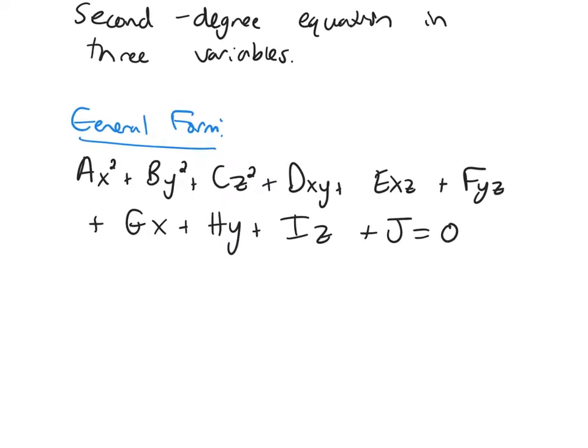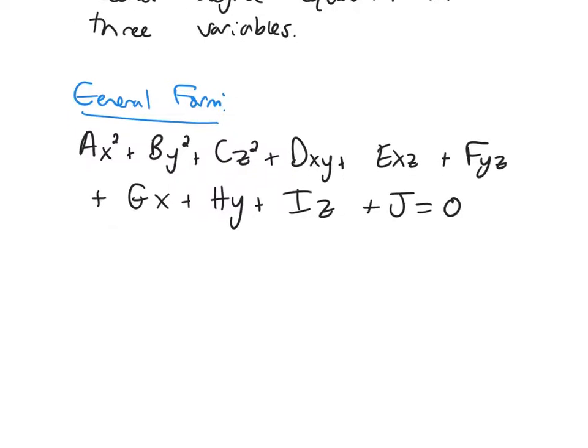And so I know that looks like a lot. In general, we won't necessarily have all of these terms in a single equation, but what this does is it shows us in general what the equation of a quadric surface looks like.